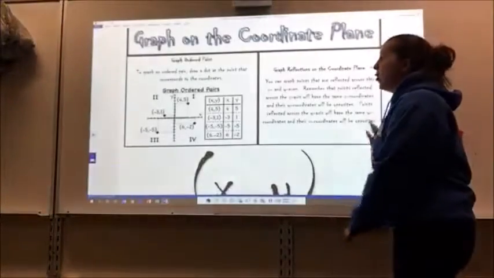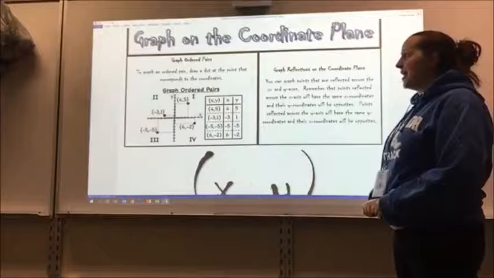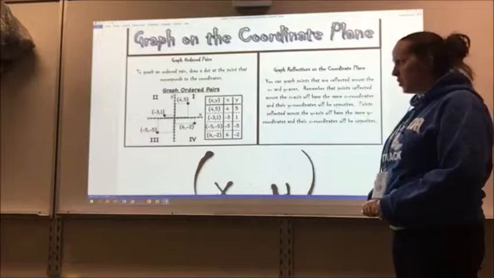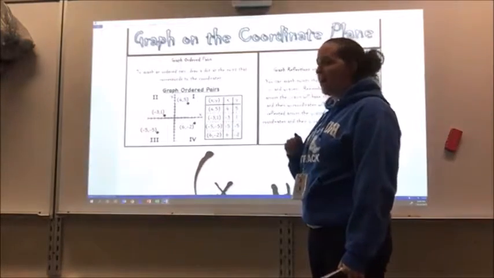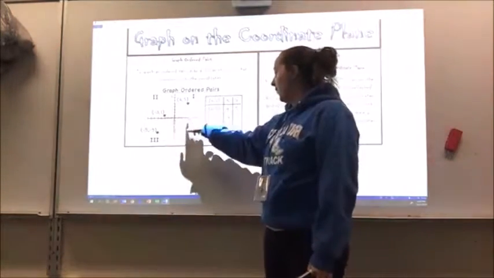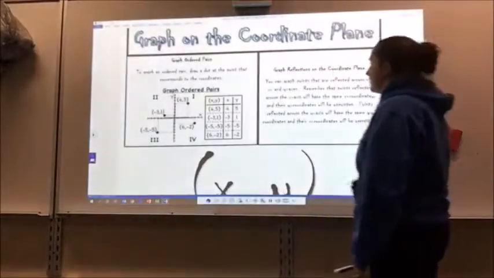So an ordered pair is a pair of numbers such as 1, 2 used to locate or graph points on the coordinate plane. All right, when you're graphing ordered pairs on the coordinate plane, to graph an ordered pair, I draw a dot at the point that corresponds to the coordinates. So, for example, if I have 4, 5, I would go over 4 on the x-axis and up 5 on the y-axis. Okay?